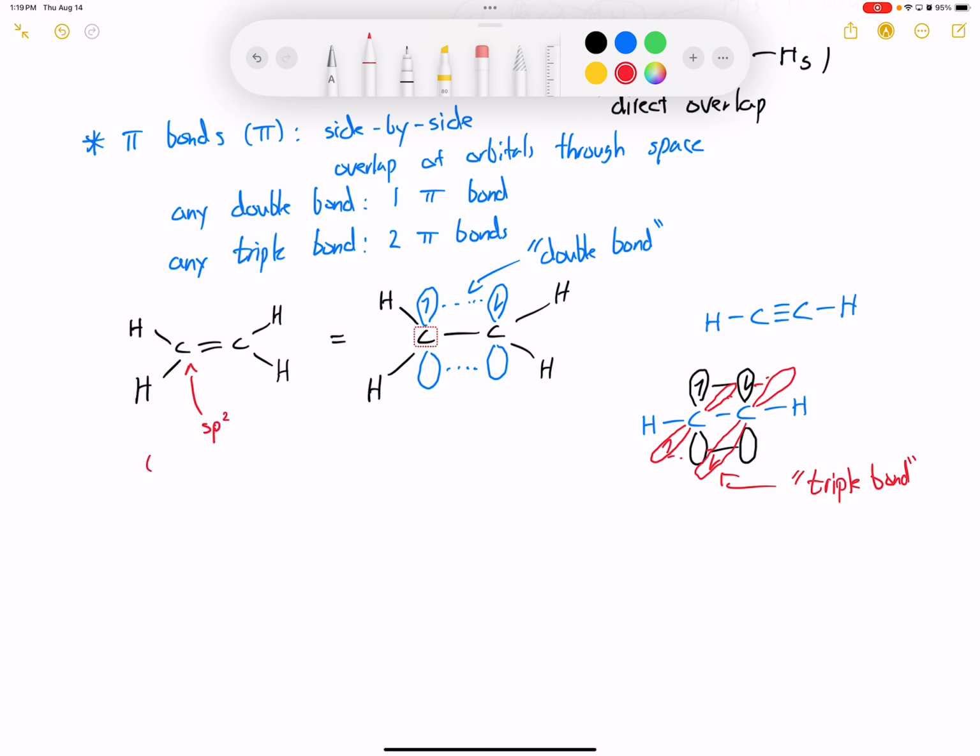Okay, and that's because this carbon atom, what geometry is it? Trigonal planar. But if we look at this carbon atom, what's its geometry? Is it planar? Is it tetrahedral? You only need to know linear, tetrahedral, and trigonal planar.